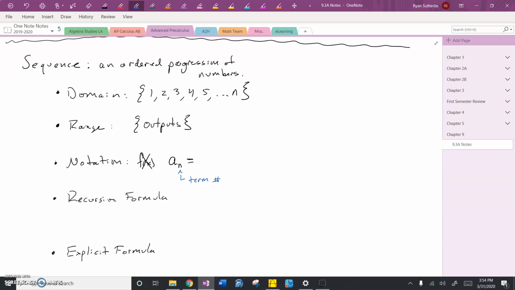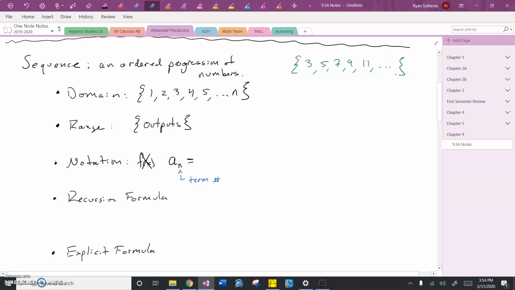So for instance, while I do this on the left, it probably would help to look at a sequence and go through these terms on the right here. So let's say you have the sequence 3, 5, 7, 9, 11, and continuing on forever.